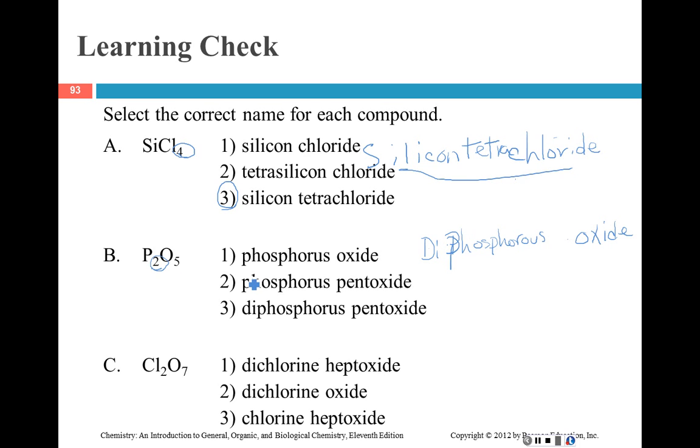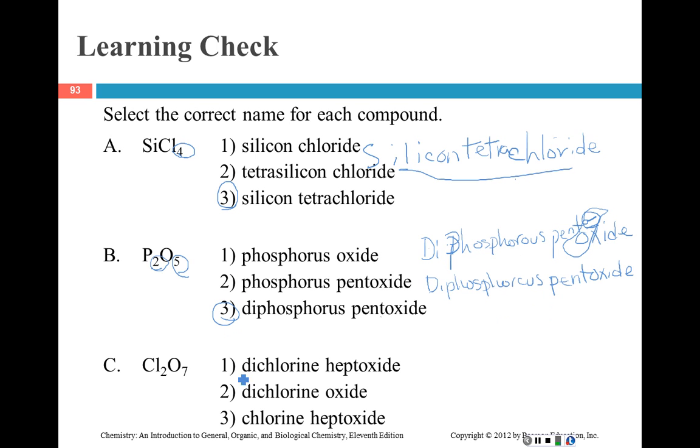Diphosphorus. And then 5 oxygens, and so that's going to be what? Pentaoxide. But since I have an A and an O together, remember that I'm going to have to change that. So it'll be diphosphorus pentoxide, because I dropped the first vowel. The first vowel in this case would have been the A. So diphosphorus pentoxide.